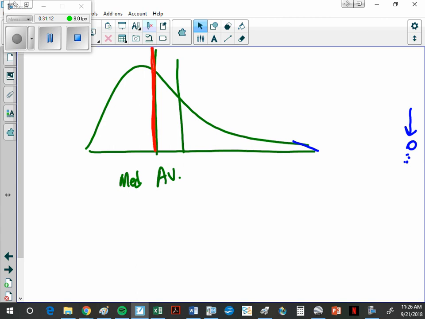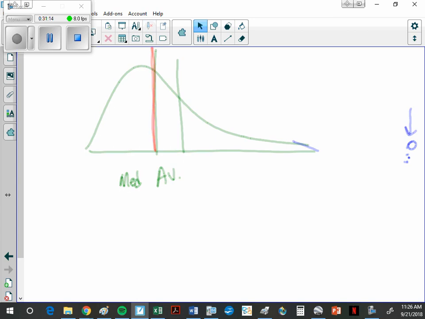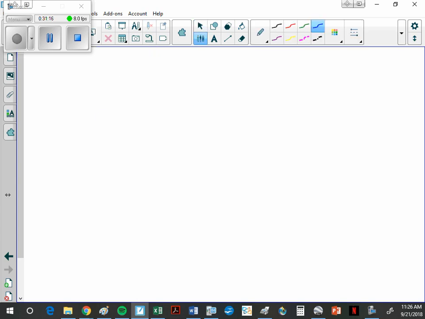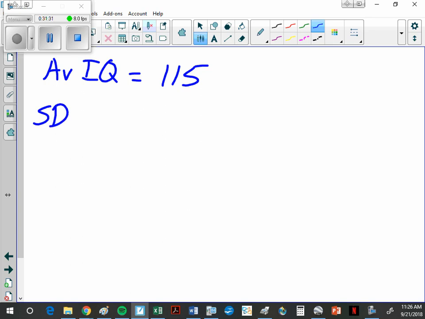Let's do an example of that. Here is some totally made up data. We are looking at the IQ of people in this class. The average IQ in this class is 115, with an SD of, let's say, 9.